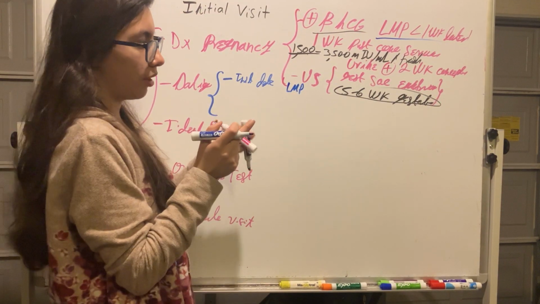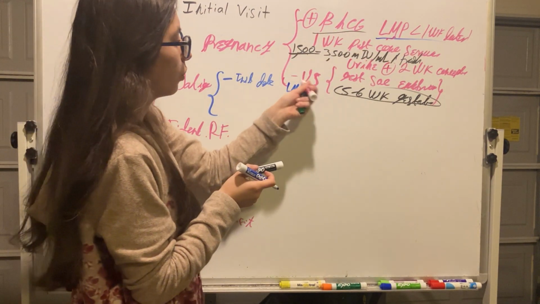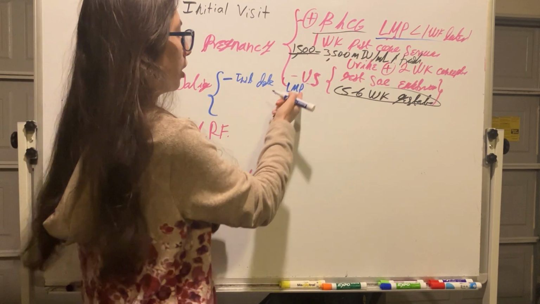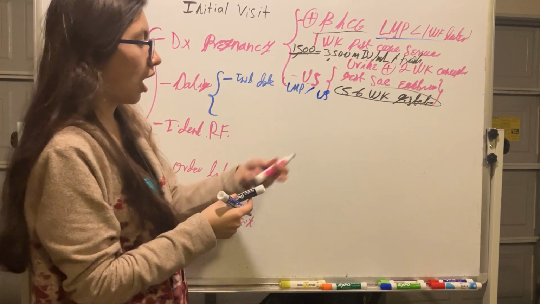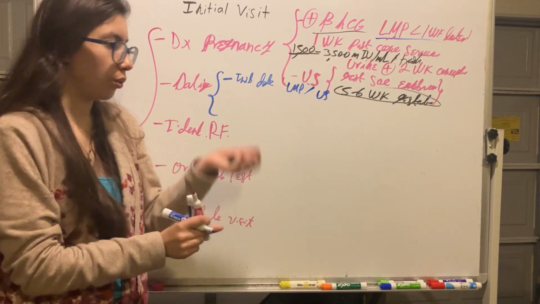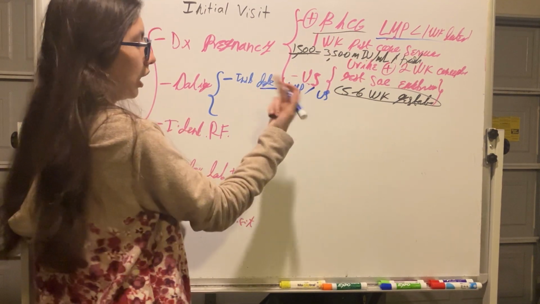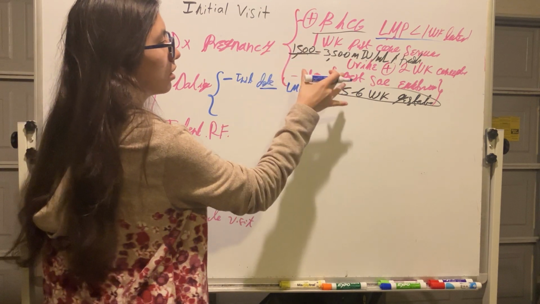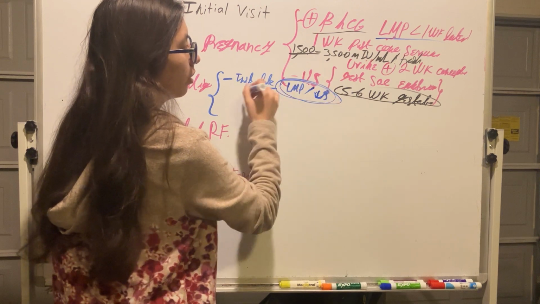But if there is a big variation between the last menstrual period estimation of gestational weeks and the ultrasound estimation, then instead of the last menstrual period we use the ultrasound. This is what we are going to use to compare to next visits. So the next evaluation of gestational weeks is going to be based on the first ultrasound or the last menstrual period.